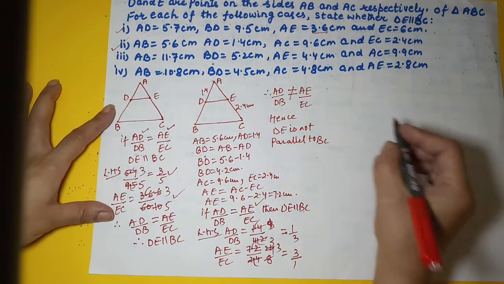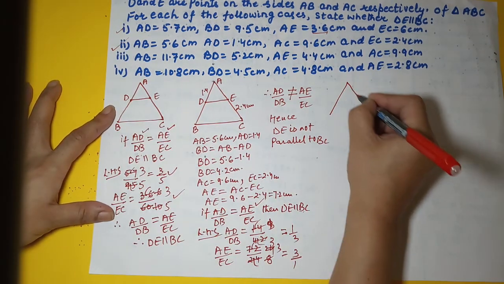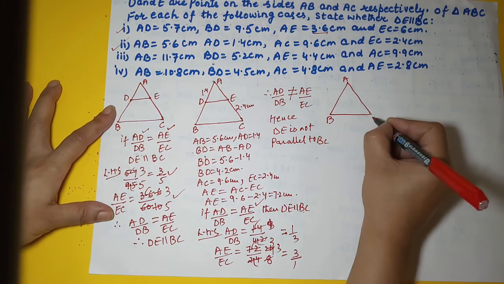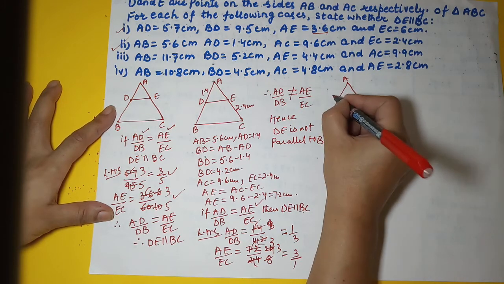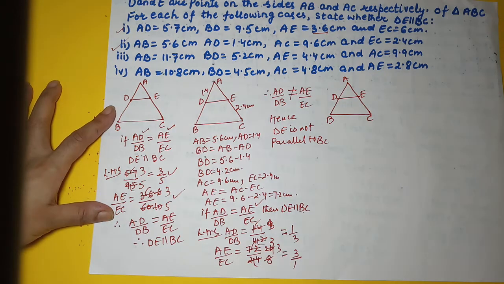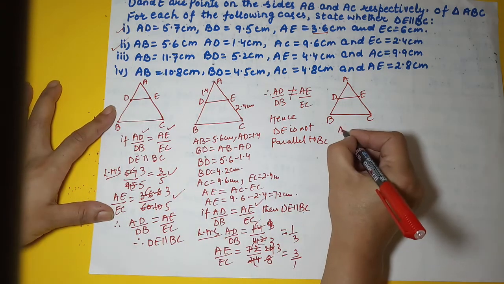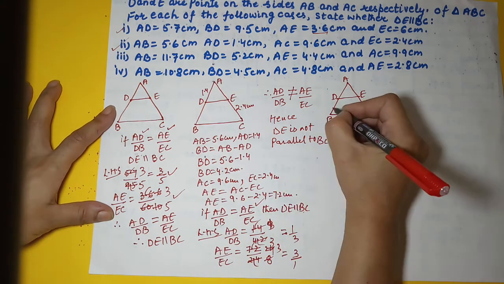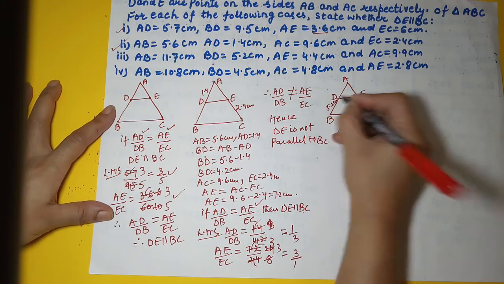Now for the third part, again we'll draw the triangle here and let's see what we are given. Here we have D and this is my E. AB is given 11.7 centimeters. BD is given 5.2 centimeters.